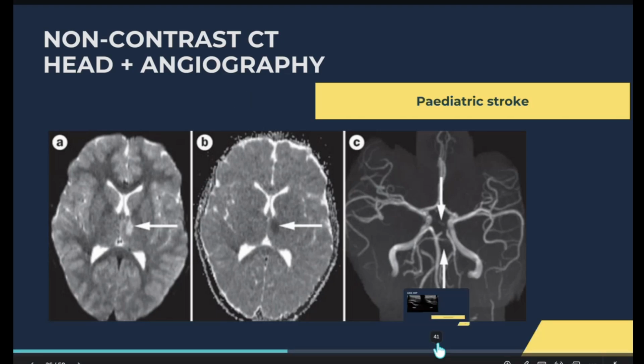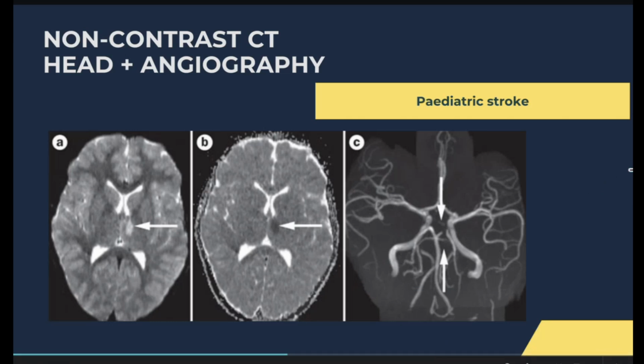And then image C is the angiography, MRI angiography. Okay, so essentially, Laura is showing you the panacea of imaging modalities that can identify stroke and also demonstrate the beauty of radiology. I'll pass you back on to Laura.